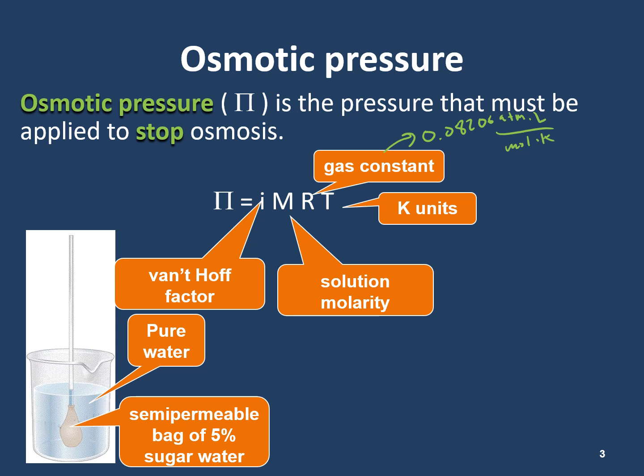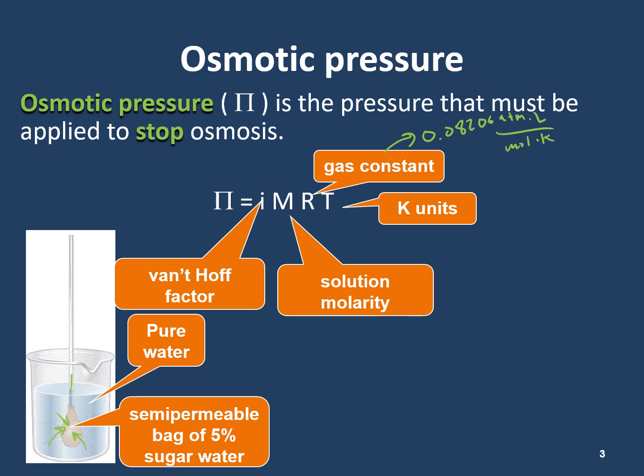Osmotic pressure can be measured a bunch of different ways. Now we have machines or instruments that can do it for us digitally, not manually. But one way to do it is to put a solution inside a semi-permeable bag and attach that bag to a glass tube like so. Now, this is kind of a snapshot. Once osmosis starts occurring here, water is going to flow into the bag.